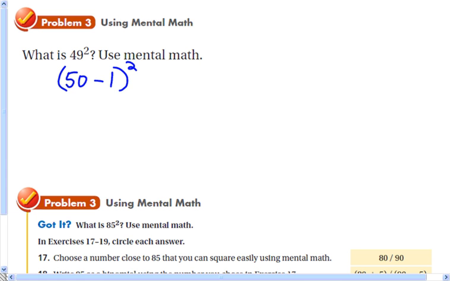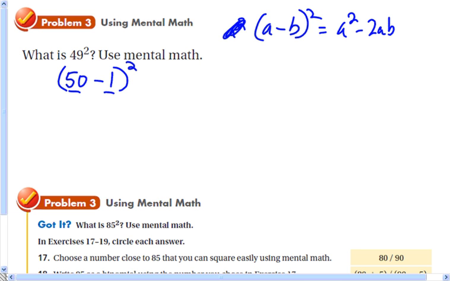Well, now think of this as your A and your B, so we really have A minus B squared equals A squared minus 2AB plus B squared. And my A is 50, and my B is negative 1, actually.